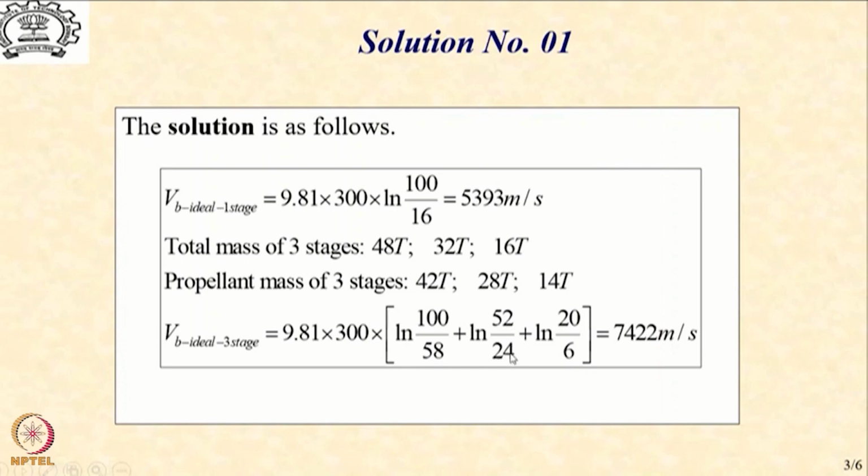Once we finish the second stage operation, the 4 tons of the inert mass or the structural mass of the second stage will get removed, and we will start the third stage operation with only 20 tons, of which we will burn 14 tons of propellant, so that at the end of the third stage operation, 6 tons will remain, which will comprise 2 tons of the structural mass or the inert mass of the third stage and 4 tons of the payload.